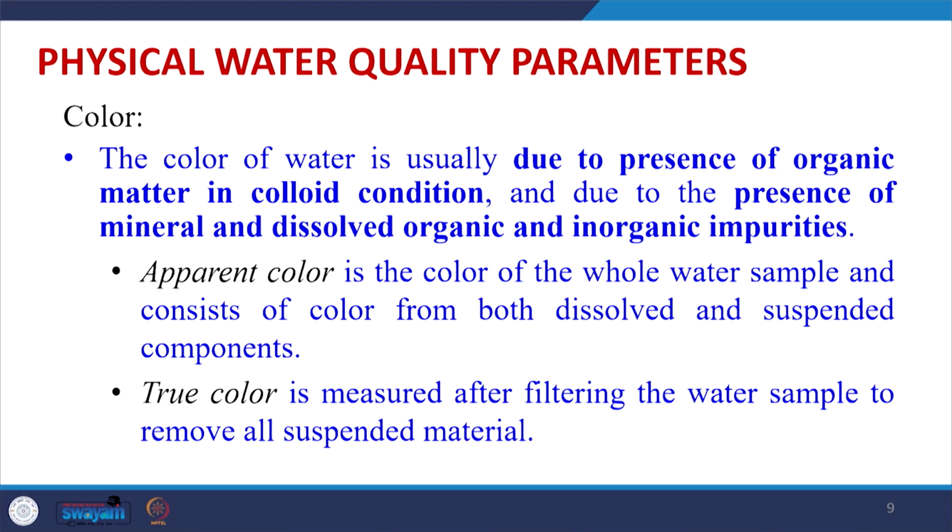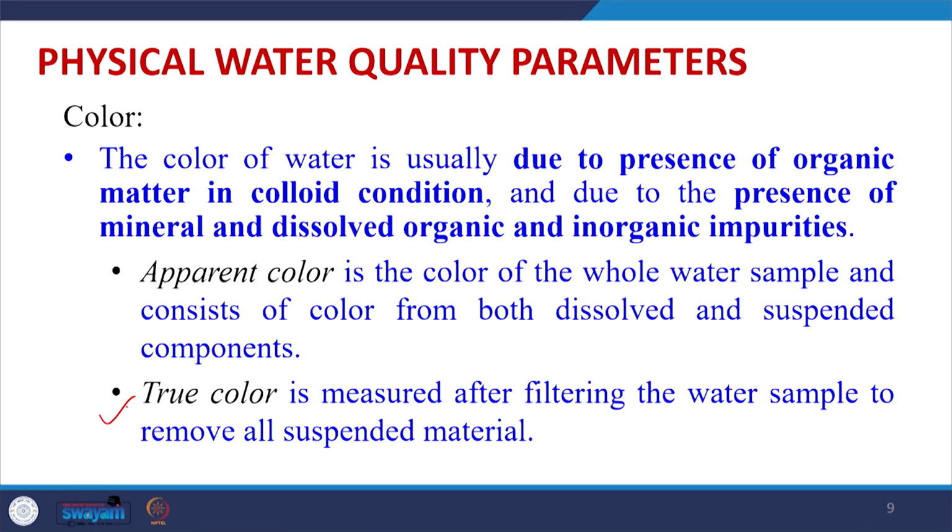Apparent color is the color of the whole water sample and it consists of color from both dissolved and suspended components. So if we take water out from any source, we will see some color. That will be the apparent color.